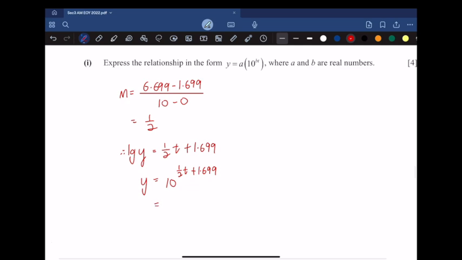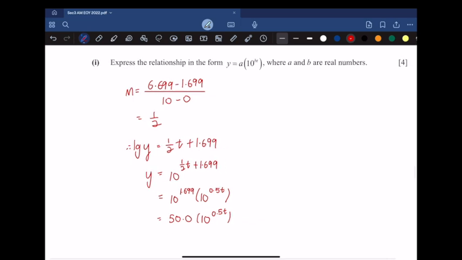This is simply 10 power 1.699 times 10 power half t. I can write half as 0.5 t. I know that 10 power 1.699, if you key this into your calculator, I'll get 50.010. So y = 50.010 × 10^(0.5t), and this is the answer for part 1.